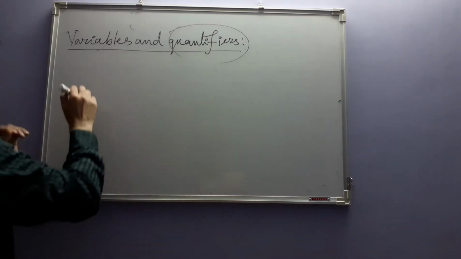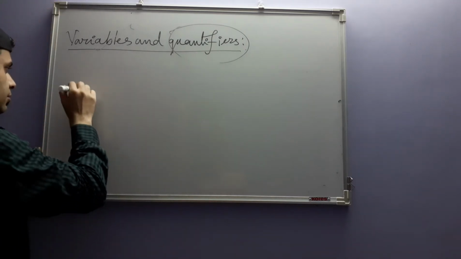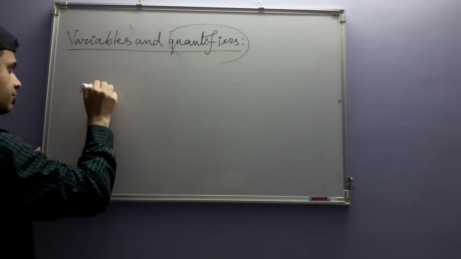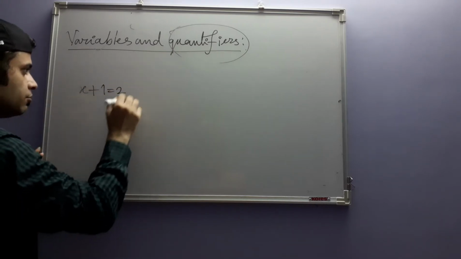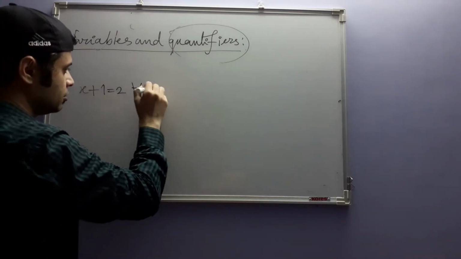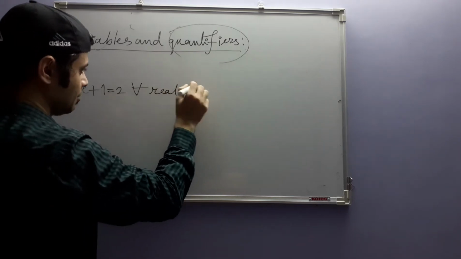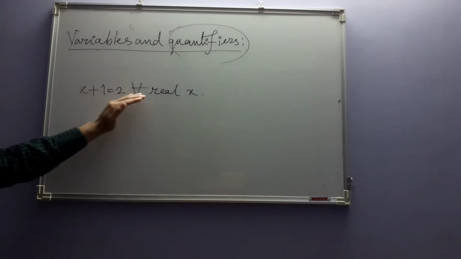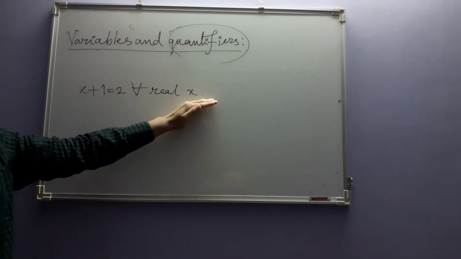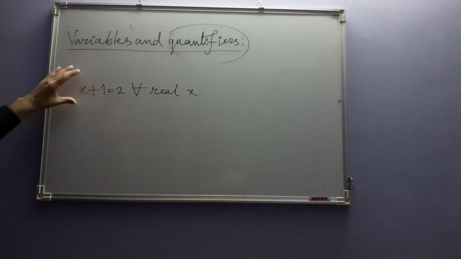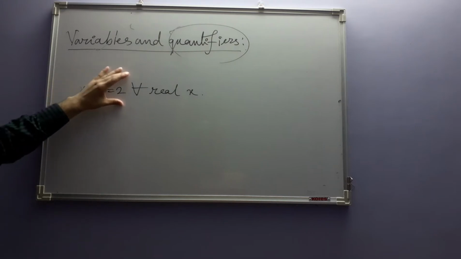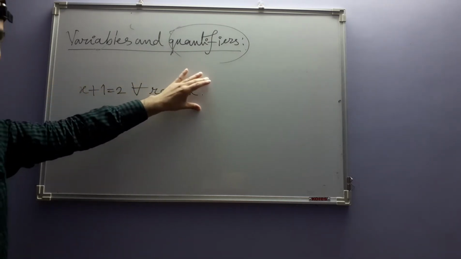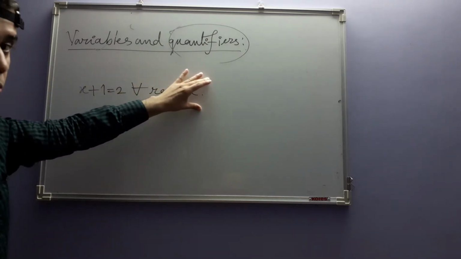So for example, for all real numbers x, x plus 1 is equal to 2 for all real x. Now if someone wants to prove this, it is of course a false statement, so one cannot prove this.